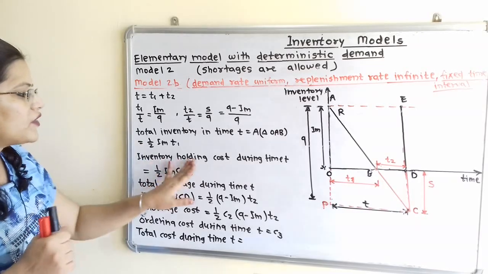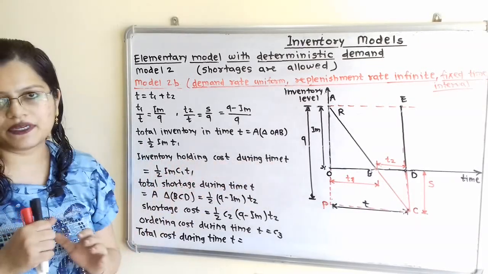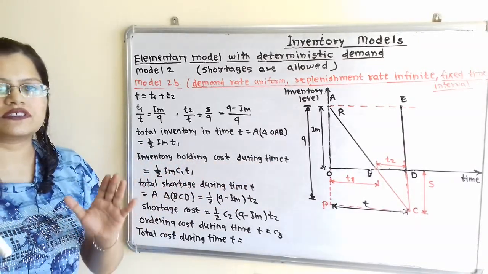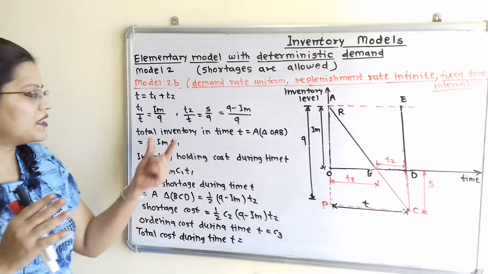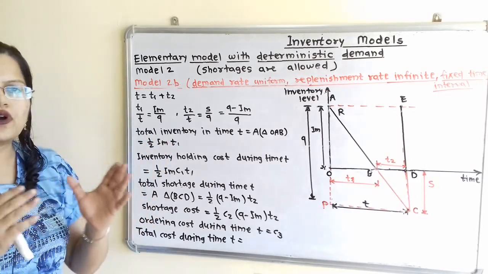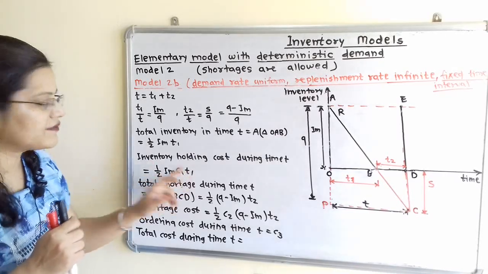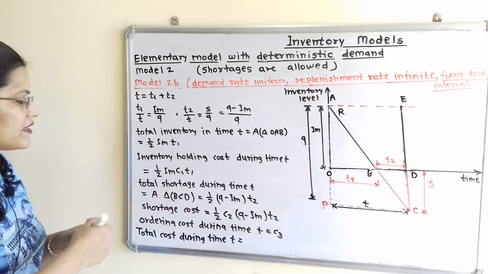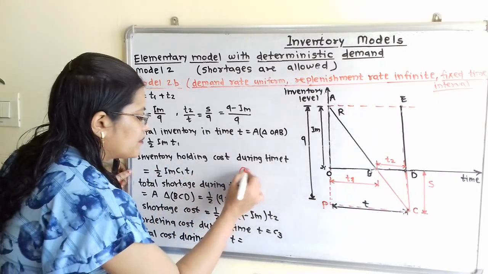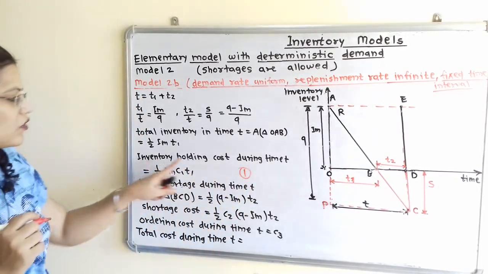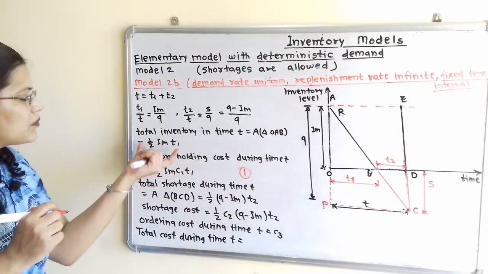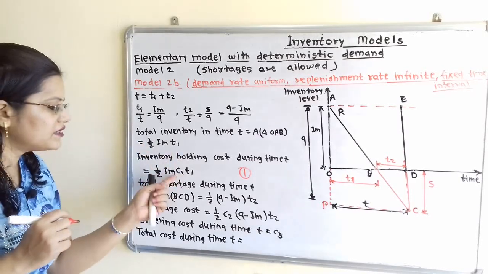Now inventory holding cost during time T. So inventory holding cost is the holding cost multiplied by the total inventory. So holding cost is C1, so half multiplied by Im into C1 into T1. I will take here equation number 1 because this is the first cost, that is the holding cost. So we have to multiply this total inventory with C1.